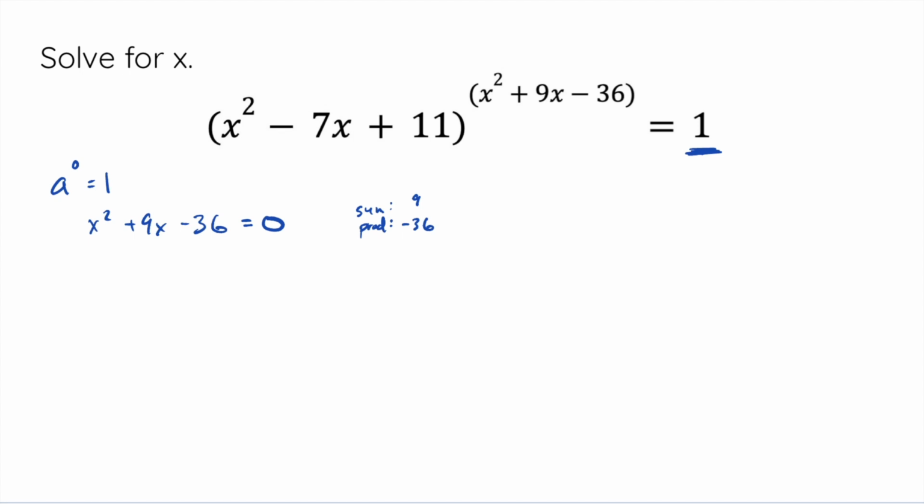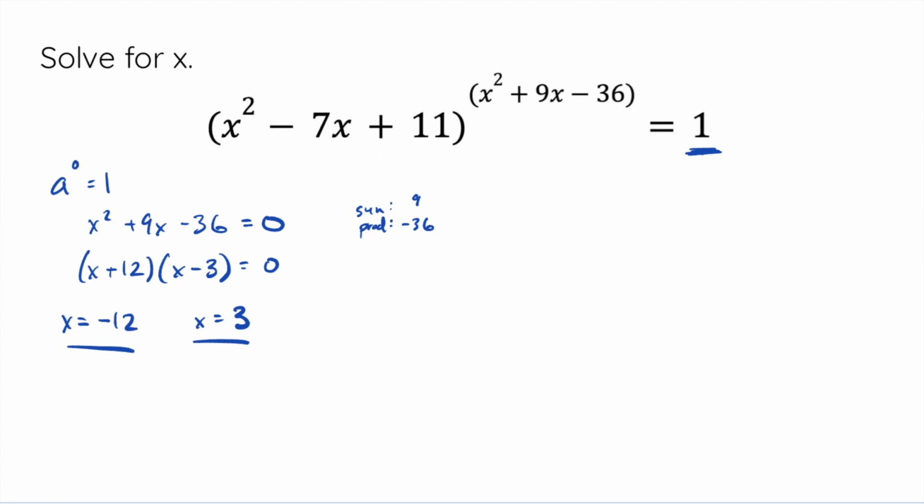So what we're looking for is x plus 12 and x minus 3. And that would give us negative 36 and positive 9. And so what that tells us is that x is equal to negative 12 or x is equal to 3. So these are two solutions here.